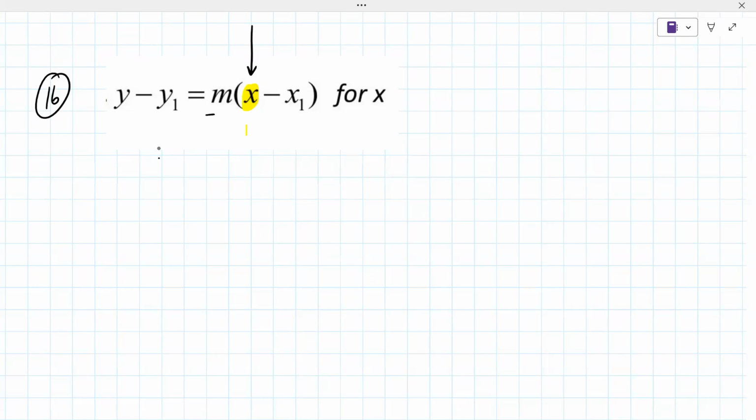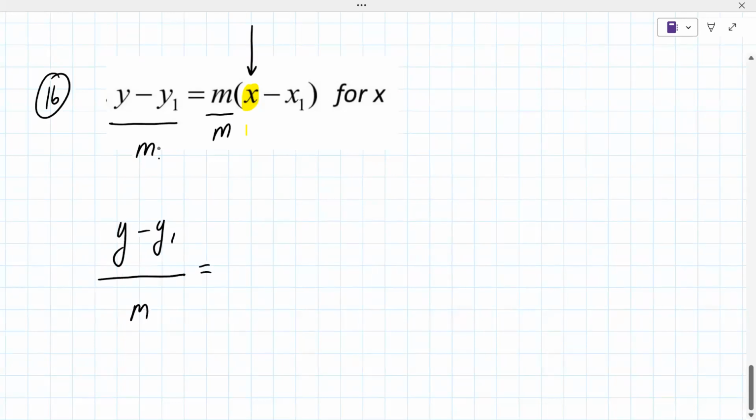So we first undo this M here by dividing it on both sides. Y minus Y1 over M equals X minus X1, like that. The tendency is to multiply in, but that makes it more complicated.